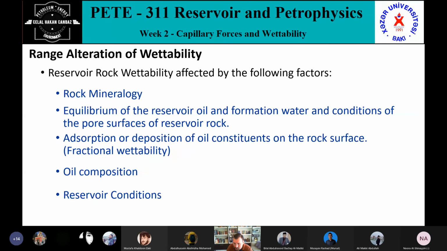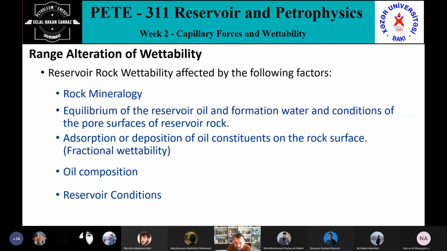It occurs when the rock surface is composed of many minerals with very different surface chemical properties, leading to variations in wettability throughout the internal surface of the pores. But the mixed wettability is a special type of fractional wettability, not covering all types of it.